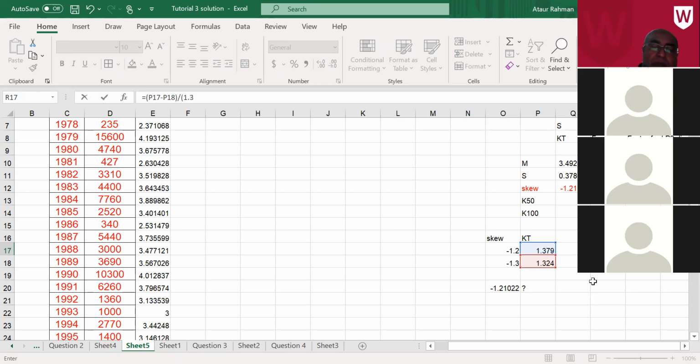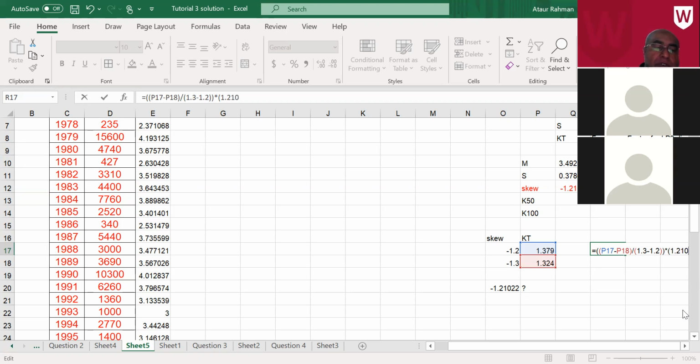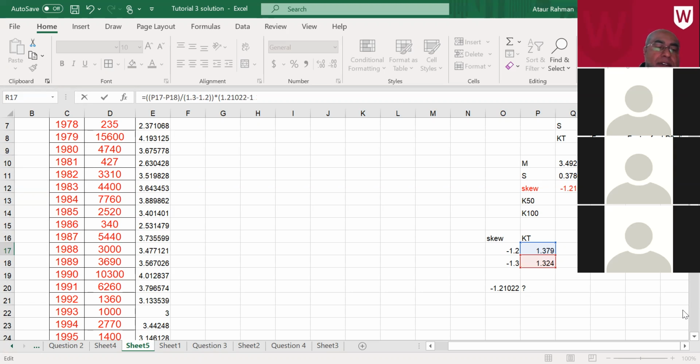So you find the absolute difference between 1.3 and 1.2 by ignoring the sign, and then multiply that with the absolute difference between the skewness we want to estimate, 1.21022, minus 1.2.